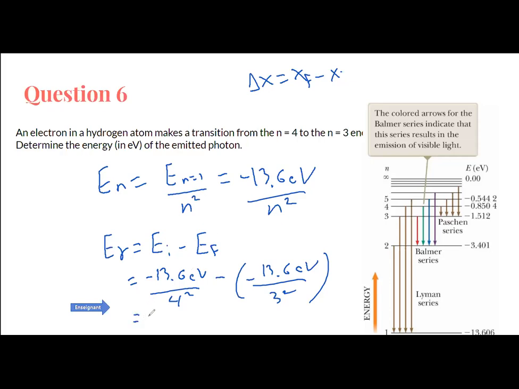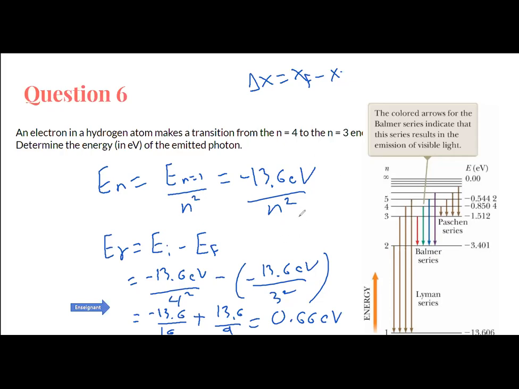That makes the signs work out in the end. 13.6 divided by 16 minus 13.6 divided by 9 gives you 0.66 electron volts.